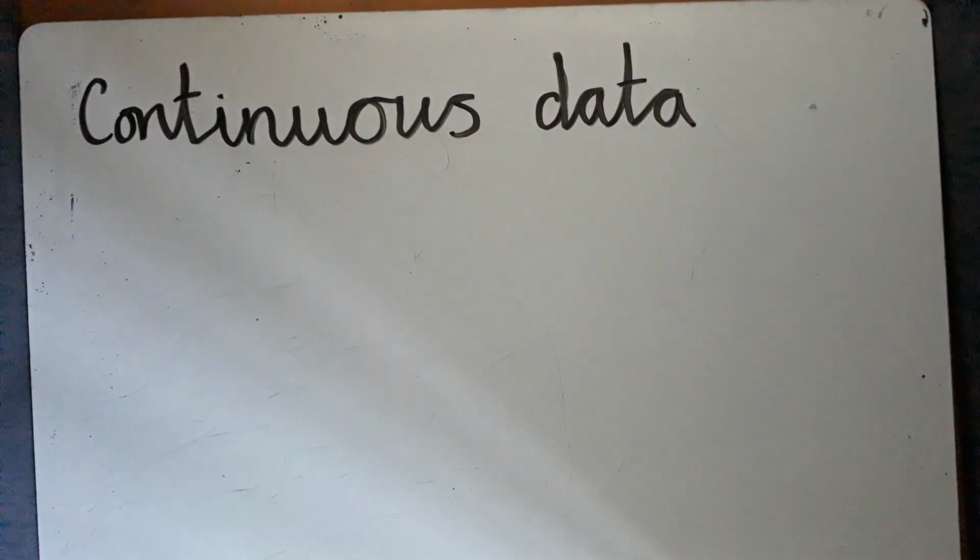Okay, so line graphs are used to show continuous data, right? And that means it's something that changes continuously.